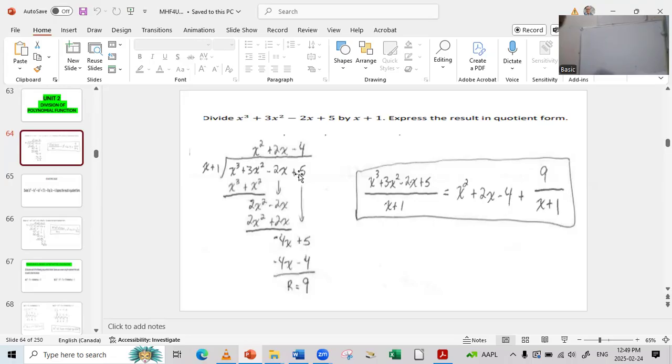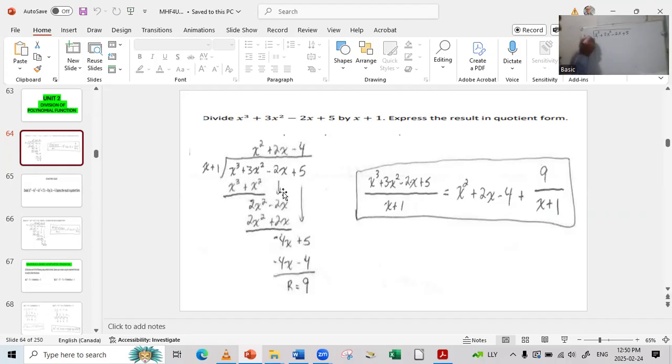If this is the example: x cubed plus 3x squared minus 2x plus 5, divided by x plus 1.